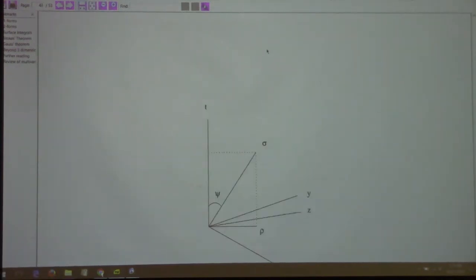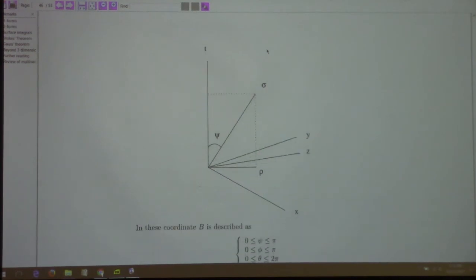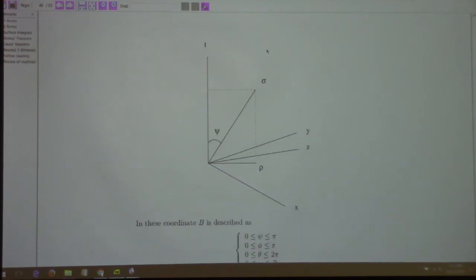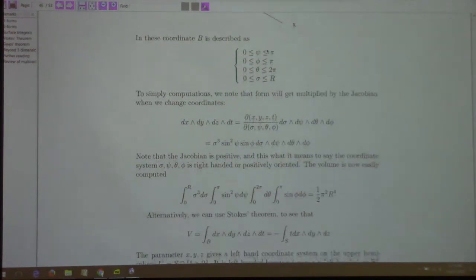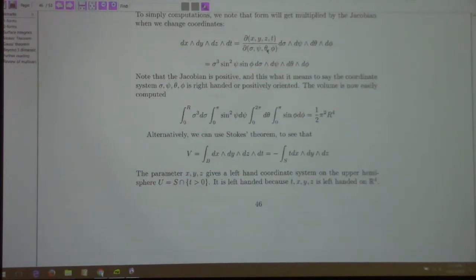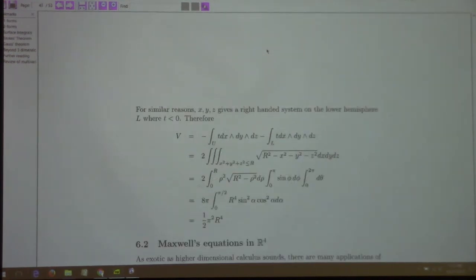Did that picture help you? 4-dimensional coordinate system? Yeah. Well, huh. Because t is greater than 0 in the upper hemisphere, but maybe that's just a typo.